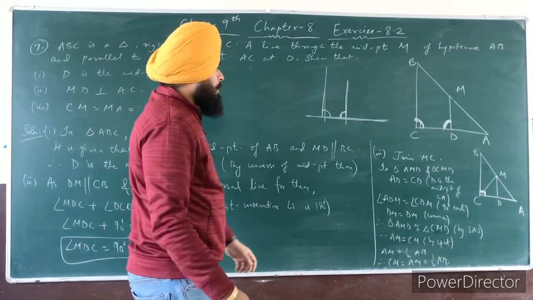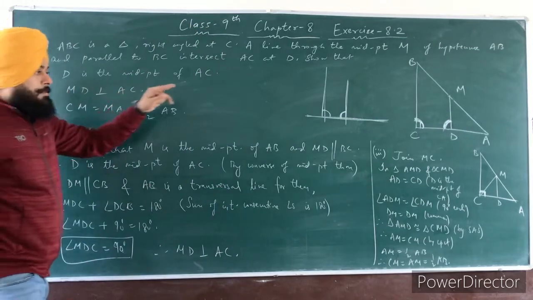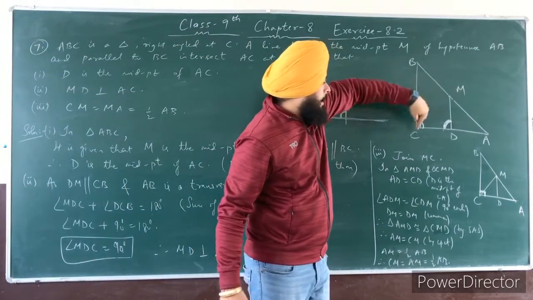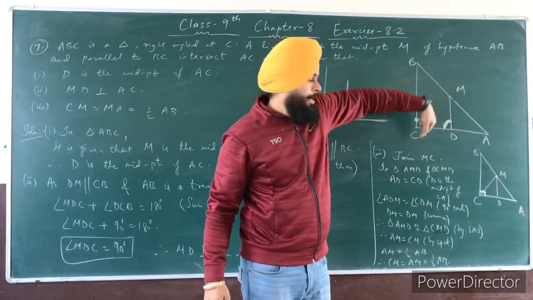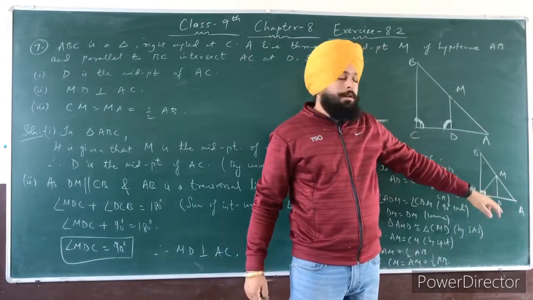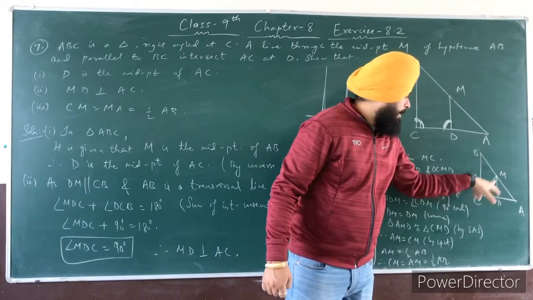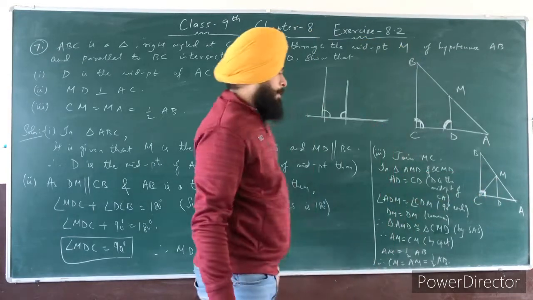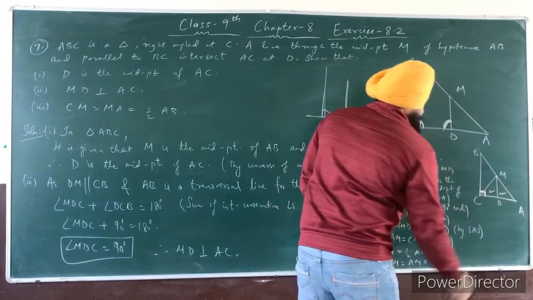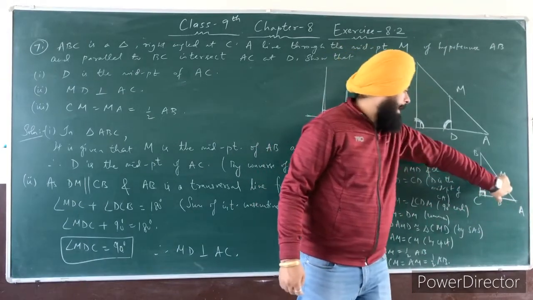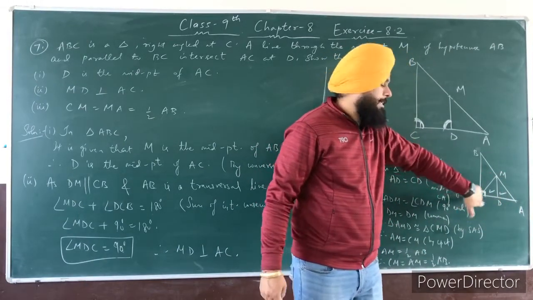Now in the third part, we have to join MC. I have drawn triangle ABC, MD parallel to BC, and I join MC. Now take these two triangles, triangle AMD and triangle CMD.